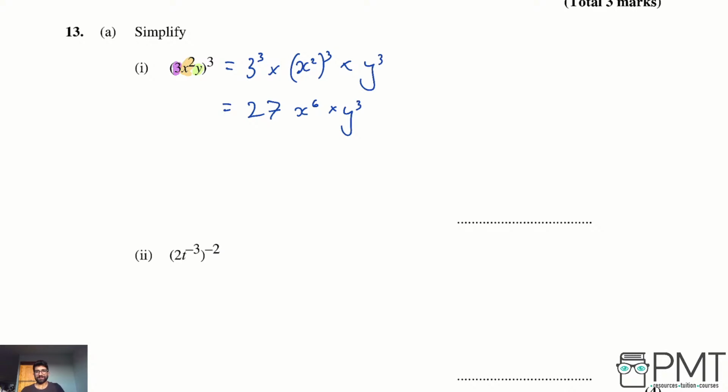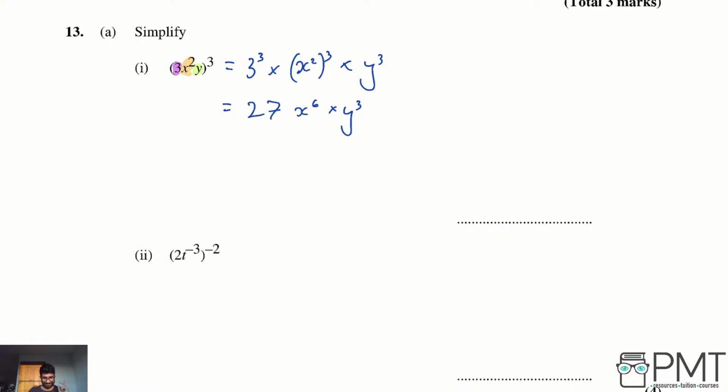So you have the x and y powers, correct, well done, but don't forget the numbers also need the powers. It doesn't matter that it's a number, it's a constant, just like the others. You will need to raise it to the power of 3. So that's why I do it to 3 cubed, this cubed, that cubed.